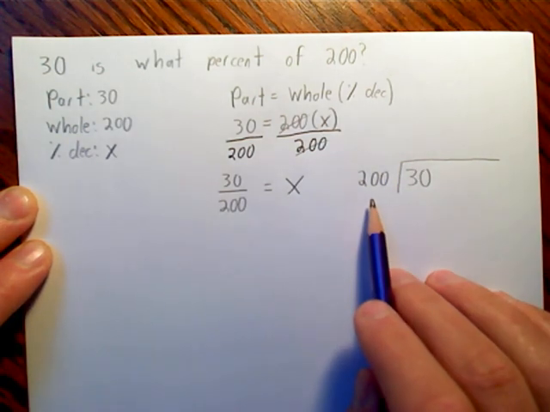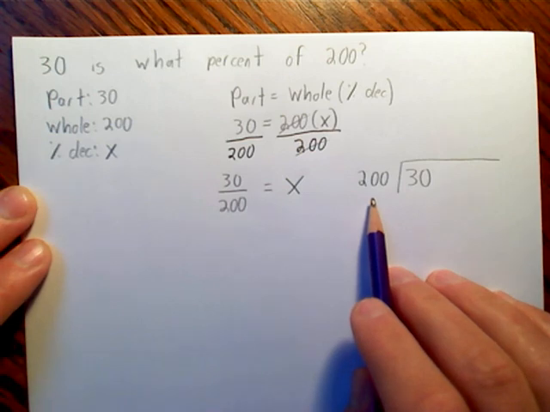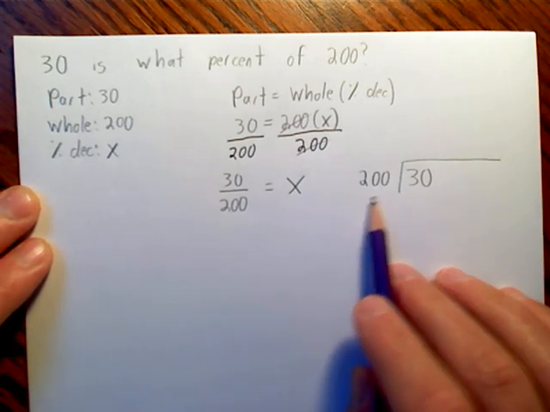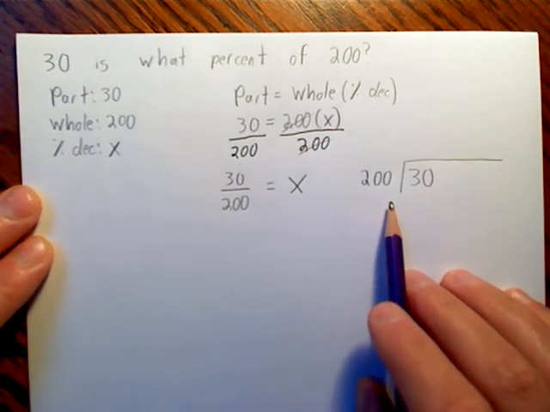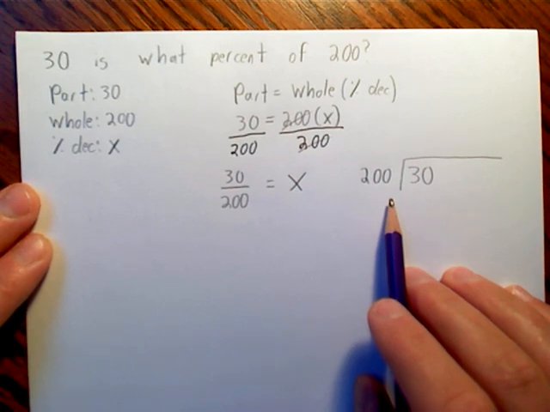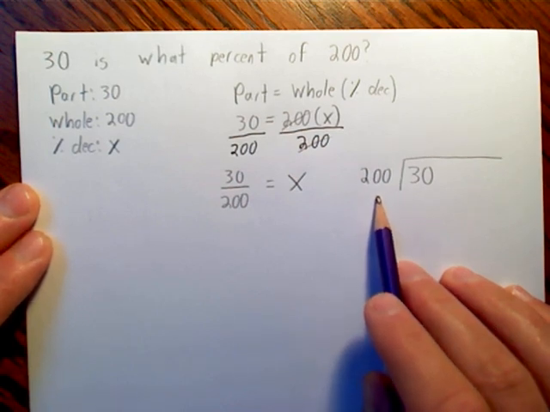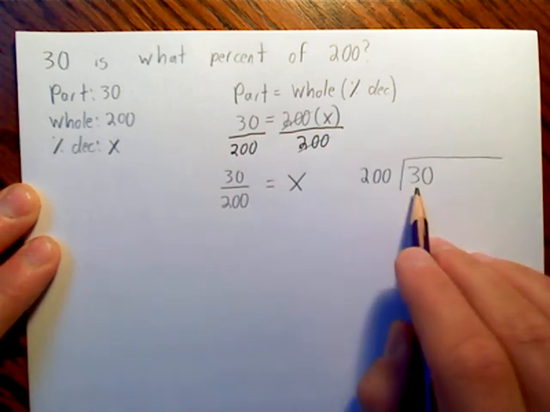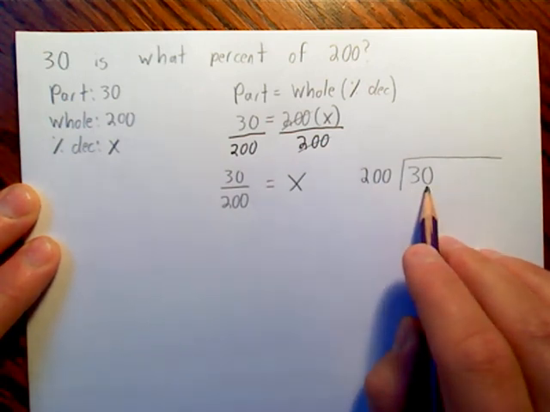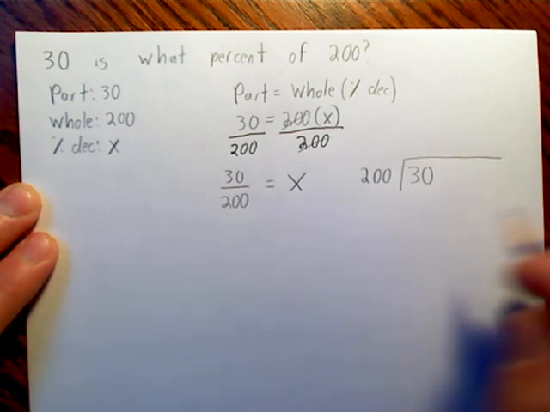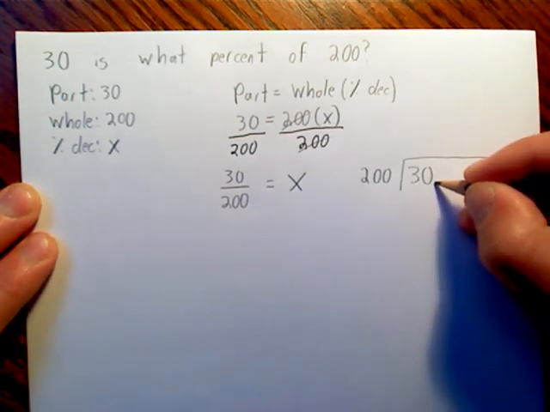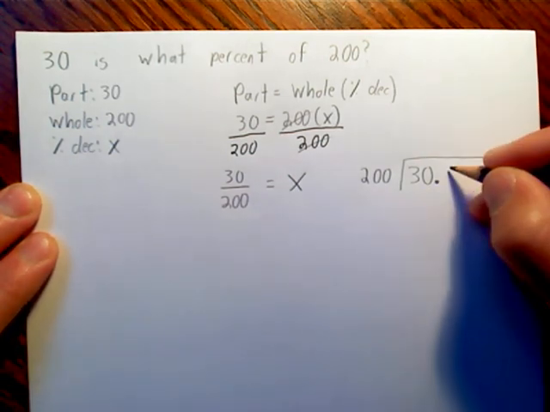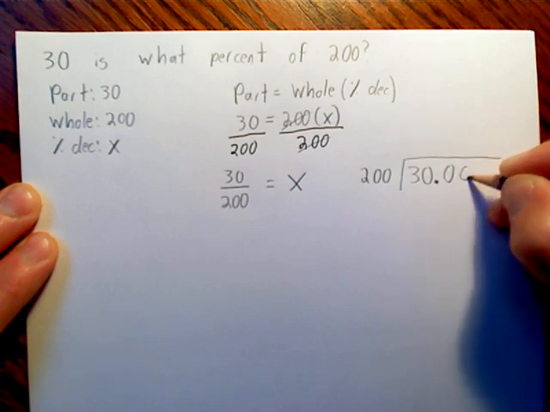Now, this is a big divisor. But for a lot of these problems, it's going to work out. It looks a little scary right now, but if we just follow the steps, it's not as scary as it looks. Now, I know that 200 definitely doesn't go into 3, definitely doesn't go into 30. So when I have that case, that tells me that I need to add a decimal place, and I need to add some zeros.